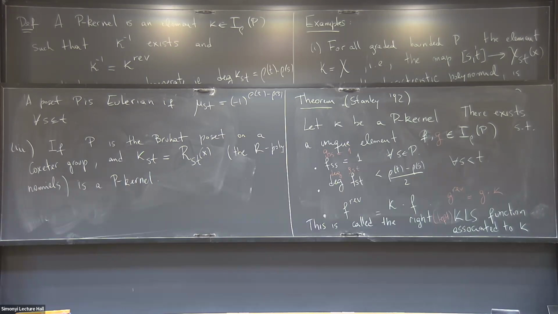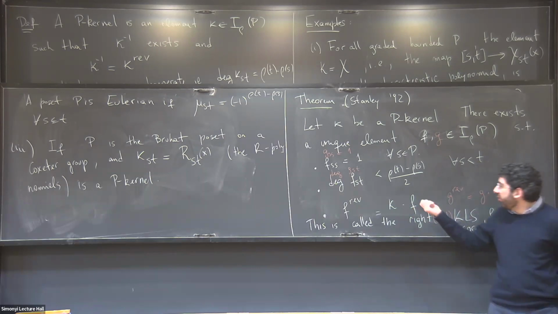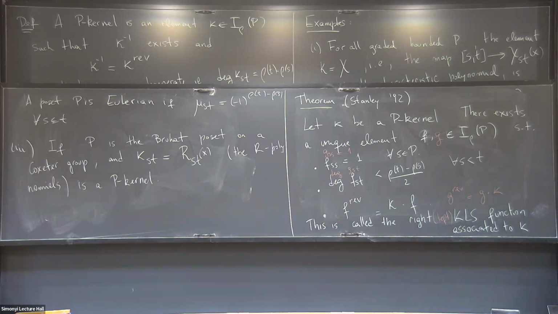So as I was saying, how are Kazhdan Lusztig involved in this story? That's my next topic. But before moving to that, the key observation here is that you have a kernel that produces two very special elements, f and g. It doesn't matter how f and g are actually constructed. The actual construction follows from this recursion, which involves a small miracle happening.